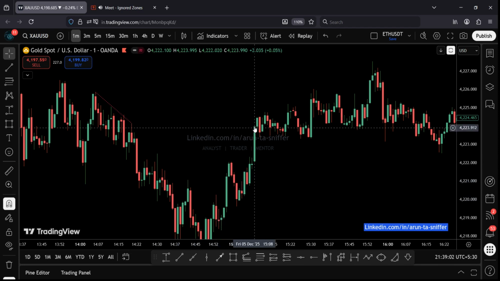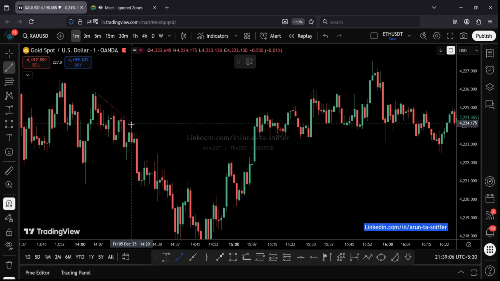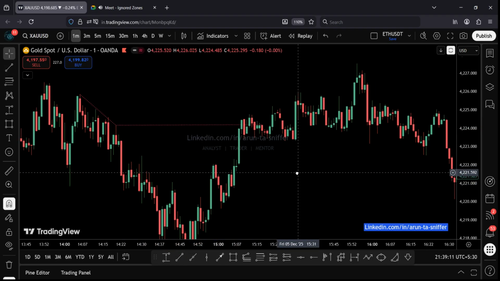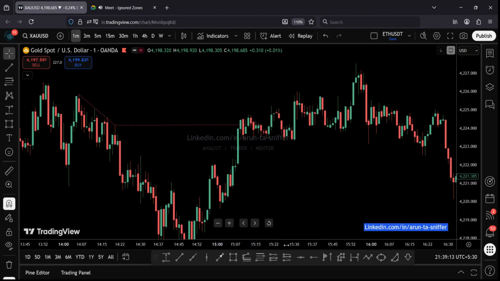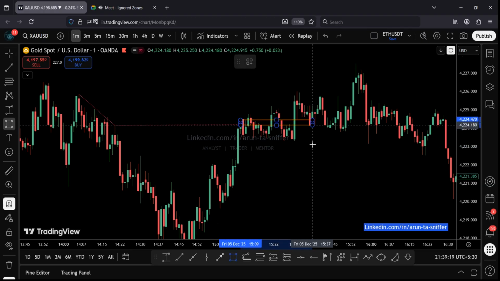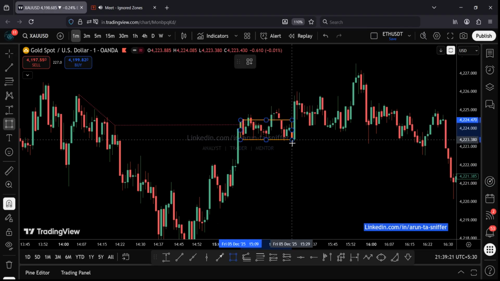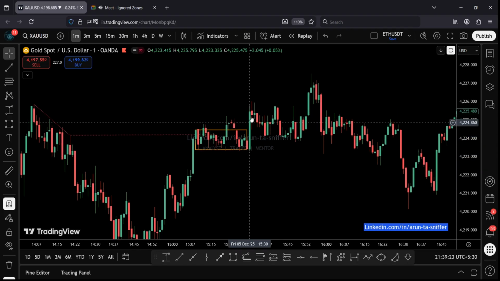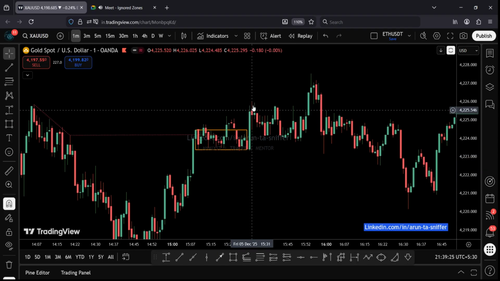So when price comes back again to this supply zone, this supply area, price should react and come down, but this did not happen. Instead what happened? Price makes a zone here. Then comes down.